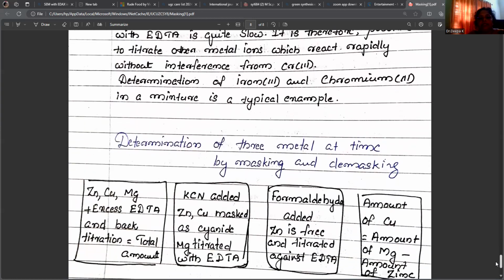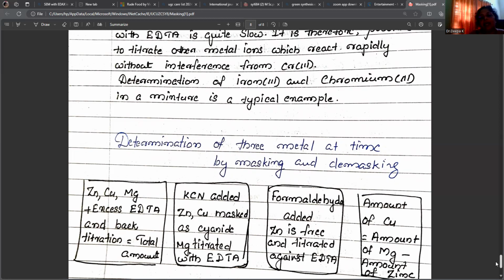For a general case, consider the determination of three metal ions at a time by masking and demasking. One example is a solution containing zinc, copper, and magnesium, which is mixed with excess EDTA, and we do a back titration. Using the back titration method, we determine the concentration of zinc, copper, and magnesium together.